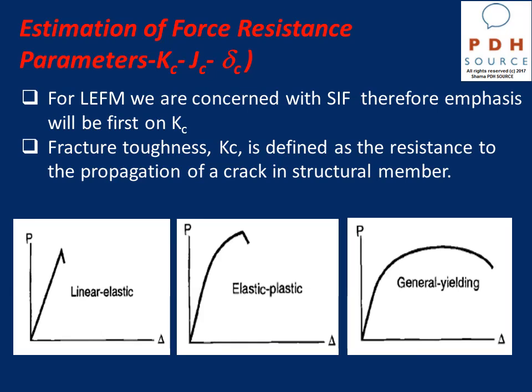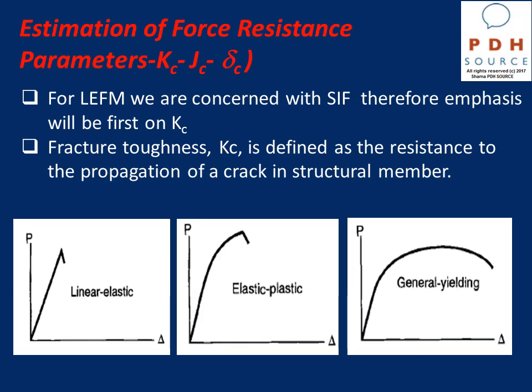Kc can be viewed as a critical value of the stress intensity factor. Once you approach this value, you can expect immediately unstable crack growth will occur for your member.